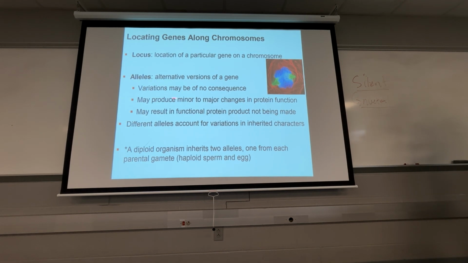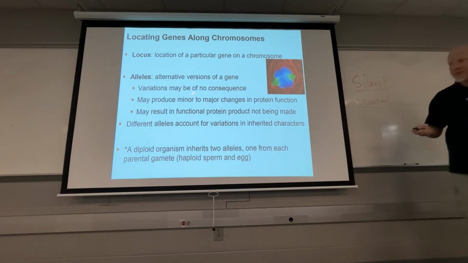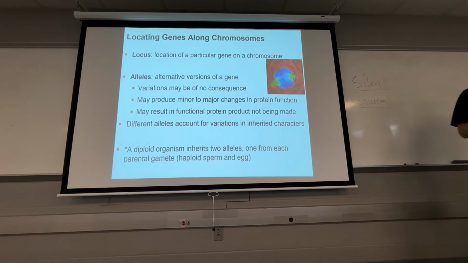Sometimes you might have minor or even major changes to the protein function, because remember, the sequence of bases in the DNA codes for the sequence of amino acids in the protein, which controls its three-dimensional shape, right? So if you alter the instructions too much, the protein is going to change shape, and if it's an enzyme, it's not going to work right.